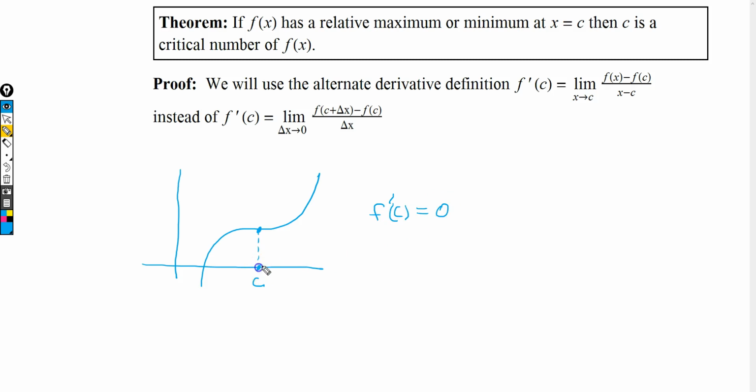But as we see here, this point is neither a relative maximum nor a relative minimum. So we cannot make the statement that if c is a critical number, then f has a relative maximum or minimum at c. That is not true. So this theorem only goes in one direction. If f has a relative maximum or minimum, then you have a critical number.